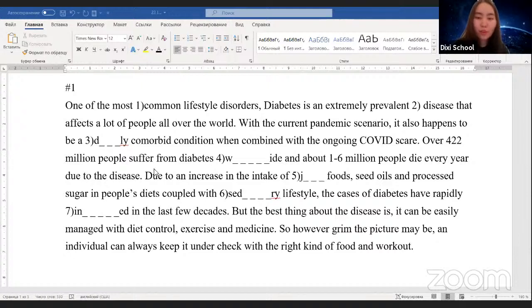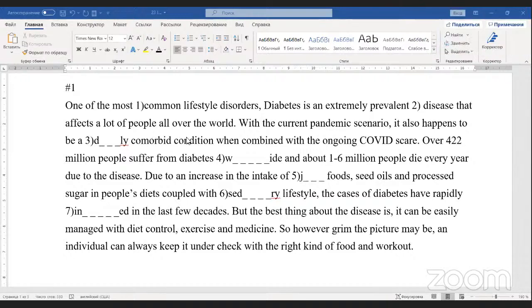Okay, so continue please with the first one. Aisha, please. We are reading 2 by 2, right? Over 422 million people suffer from diabetes, and about 1 to 6 million people die every year due to this disease worldwide. Okay, yes, excellent.